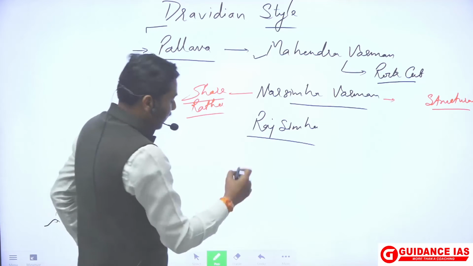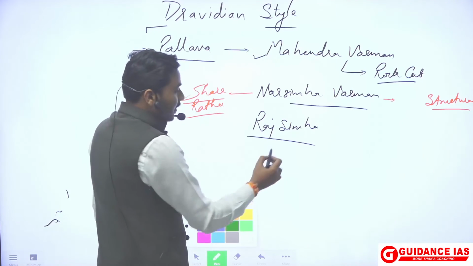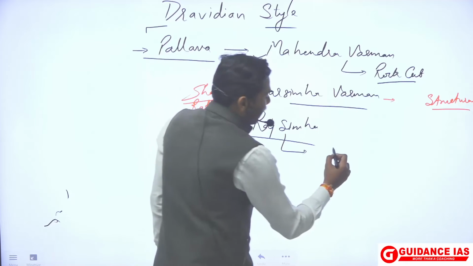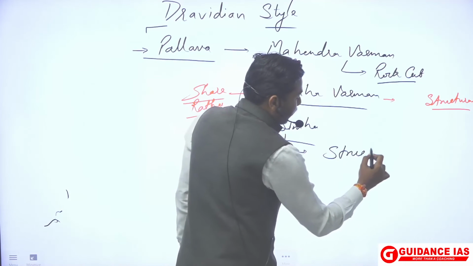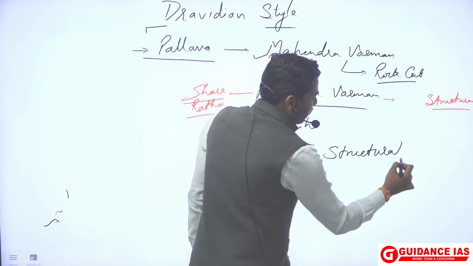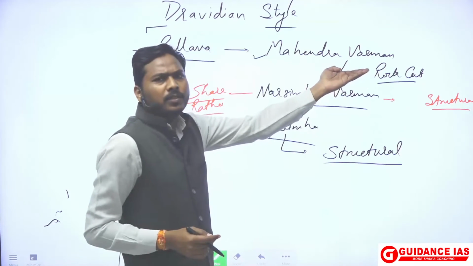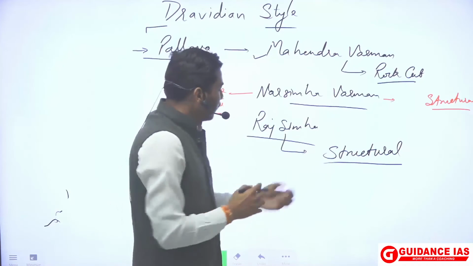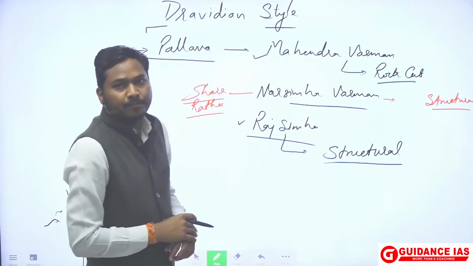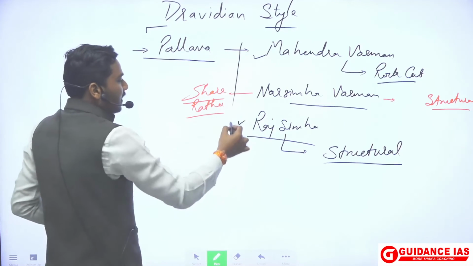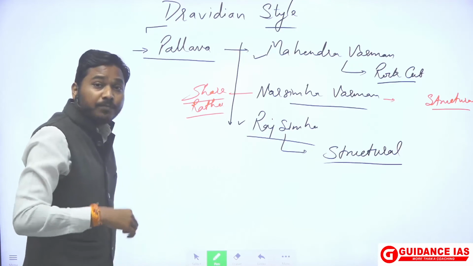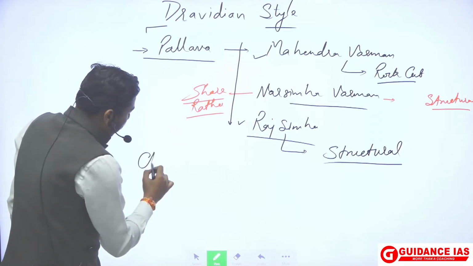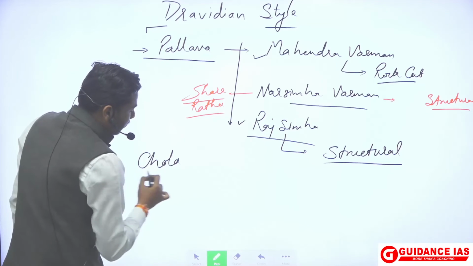Then the third one is the Rajsimha style, where a structural temple stands alone. We are not cutting a rock, we are creating a standalone structure now in the Rajsimha style. So this is the beginning of the Dravidian style of architecture, which was furthered by the Cholas further in the south.